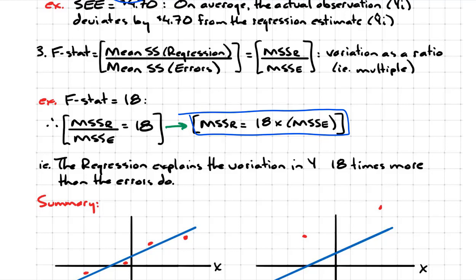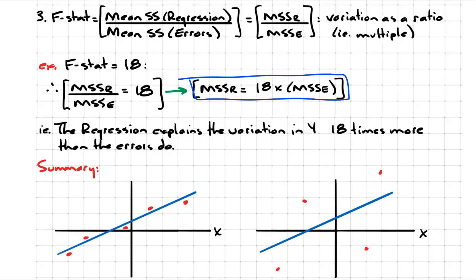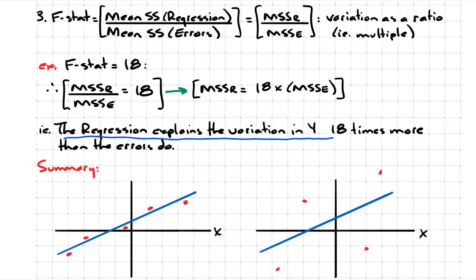And now it becomes very easy to interpret. Here's why. For every unit of variation explained by the errors, 18 units are explained by the regression. And there it is. Therefore, the regression explains the variation in Y 18 times more than the errors do.